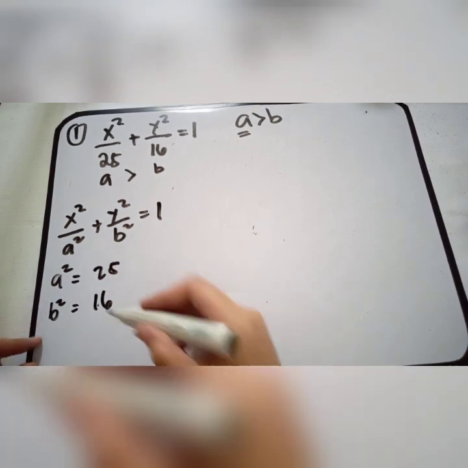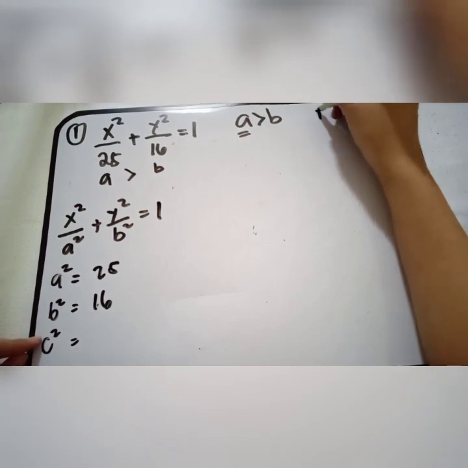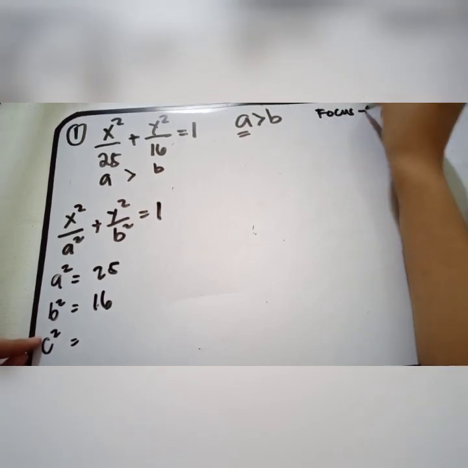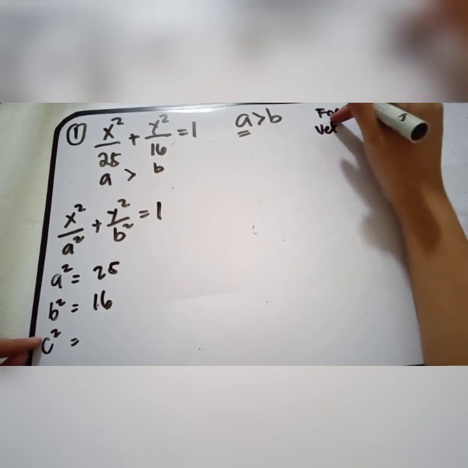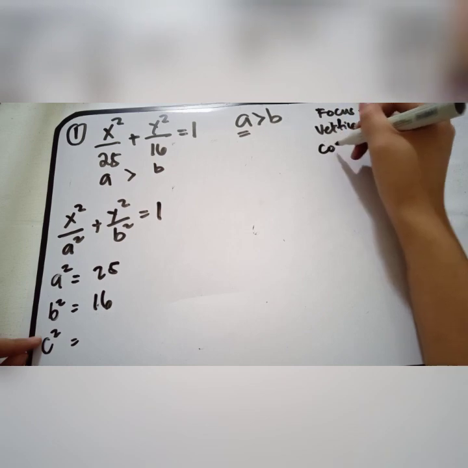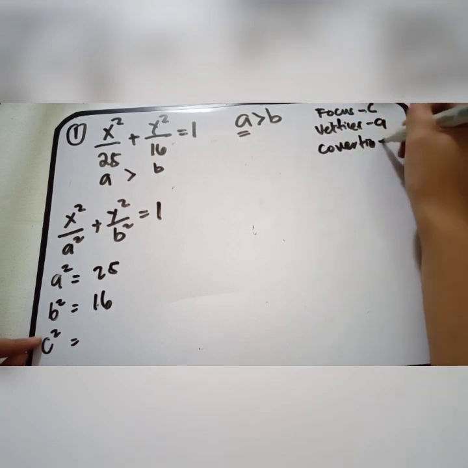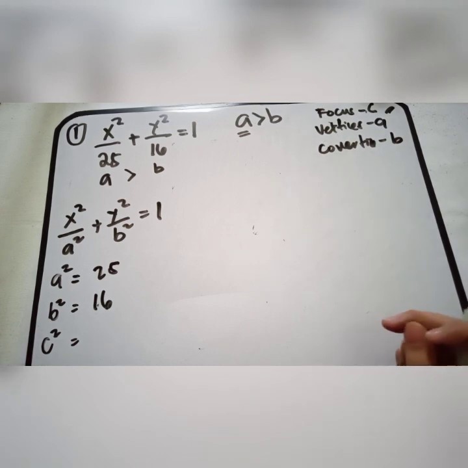Now we are going to look for c squared. Remember, the focus is C, the vertices are A, and the co-vertices are B. Now we are going to find the focus since we already have the vertices and the co-vertices.